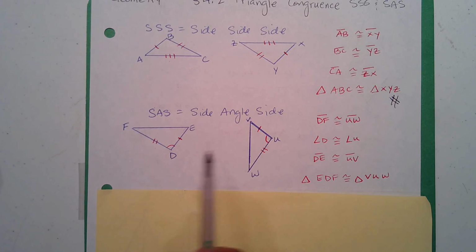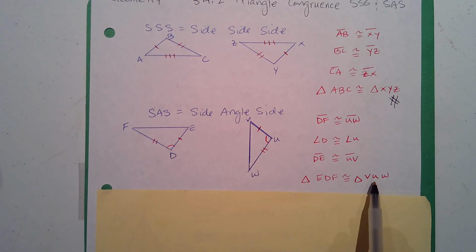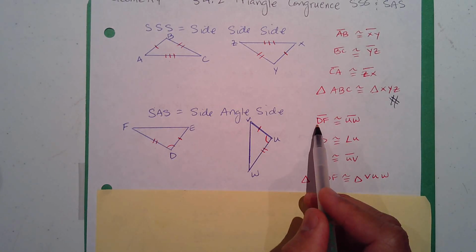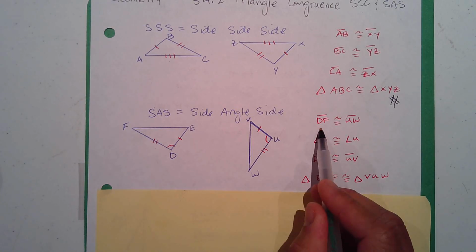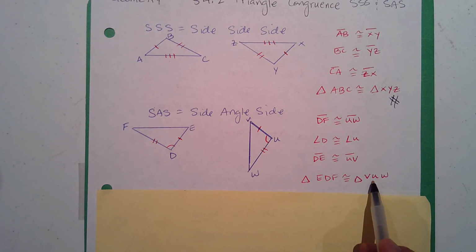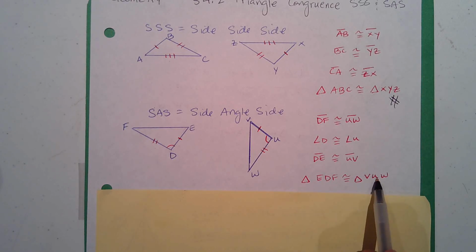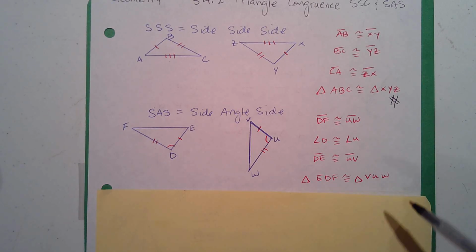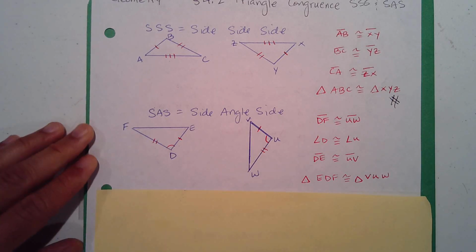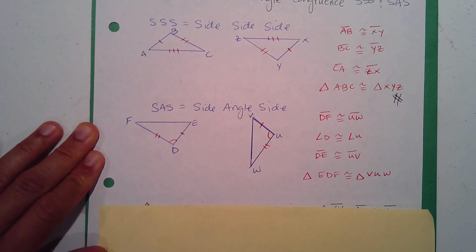Here's D and U, second position, second position. We said DF is congruent to UW, second, third, second, third. We said also DE, second, first, is congruent to UV, second, first. Order is very important when we do these proofs.